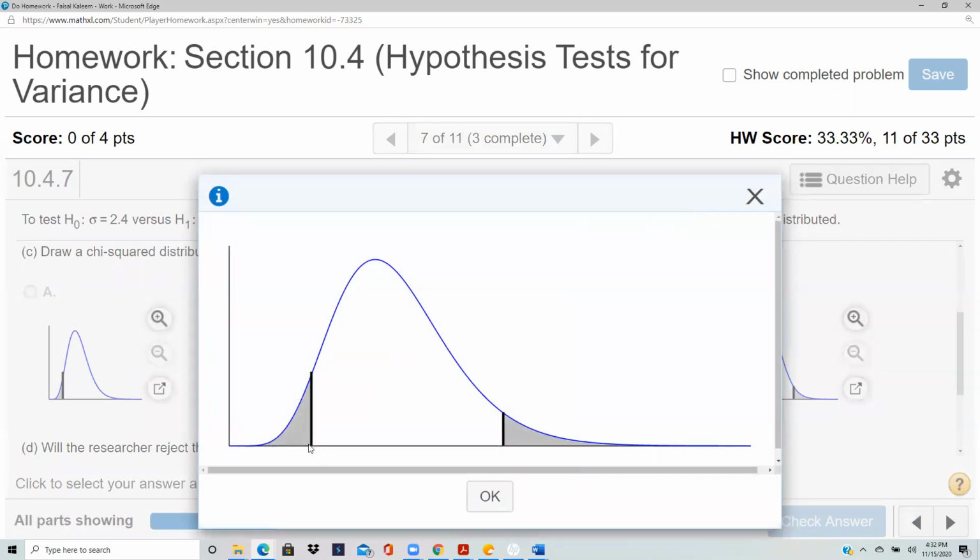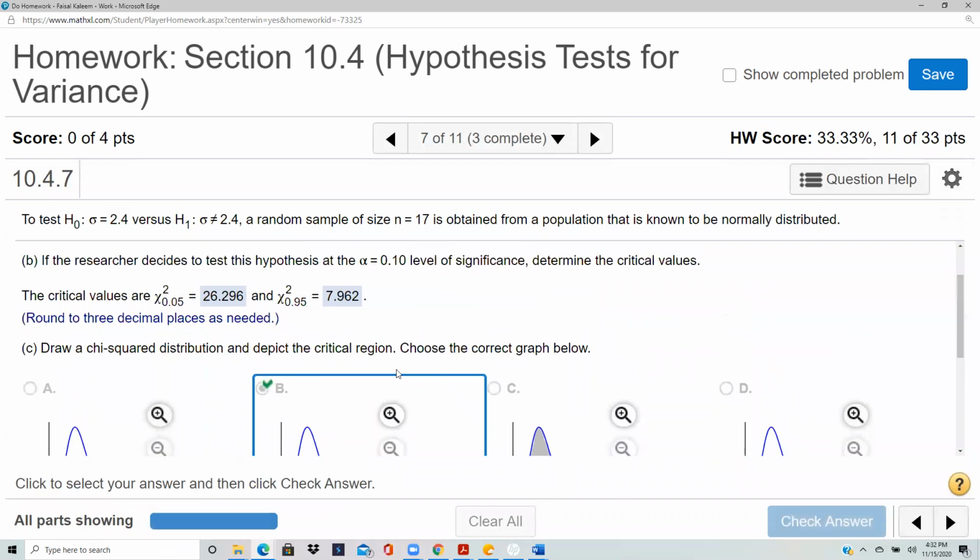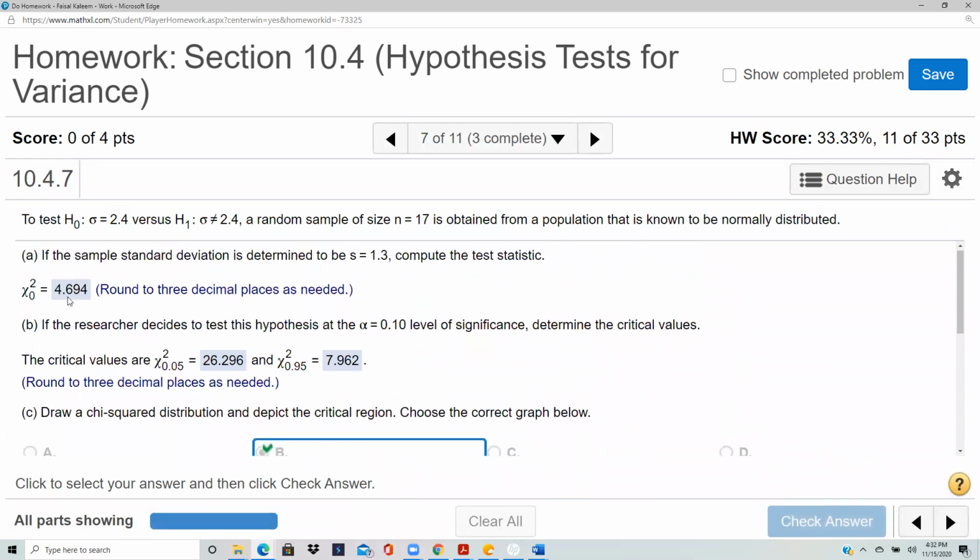So this is like 7.962 over here, and then over here it's 26.296. And now you have to see whether the test statistic falls in the critical region, which is the shaded part, or does it not. So the test statistic was 4.694.